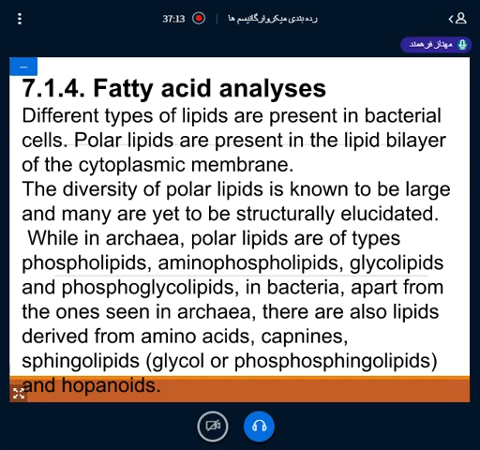Why are sterols present in the mycoplasma membrane?